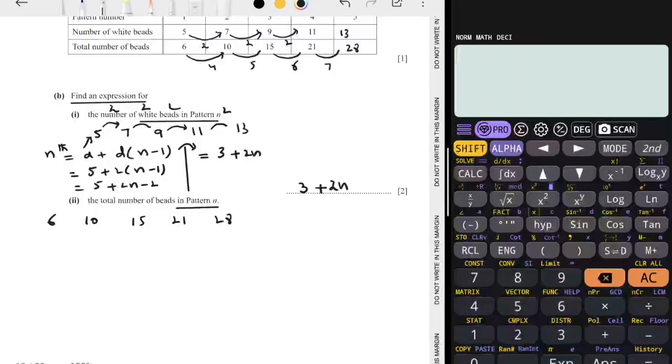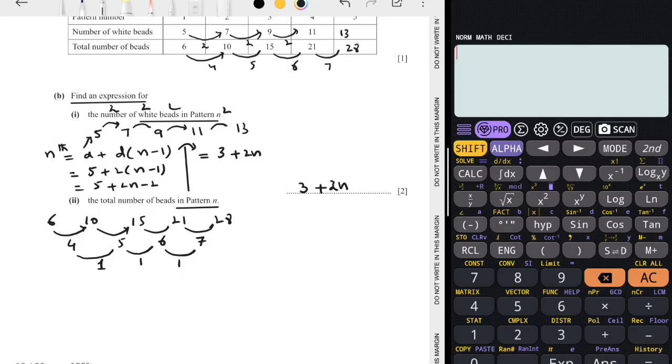Let us see the first difference: 4, then 5, 6 and 7. Students, have you seen that the first difference is not the same? So it means if the first difference is not the same, then we have to find out a quadratic sequence. So we have to see the second difference. For that purpose, it must be the same: 1, 1 and 1 again.